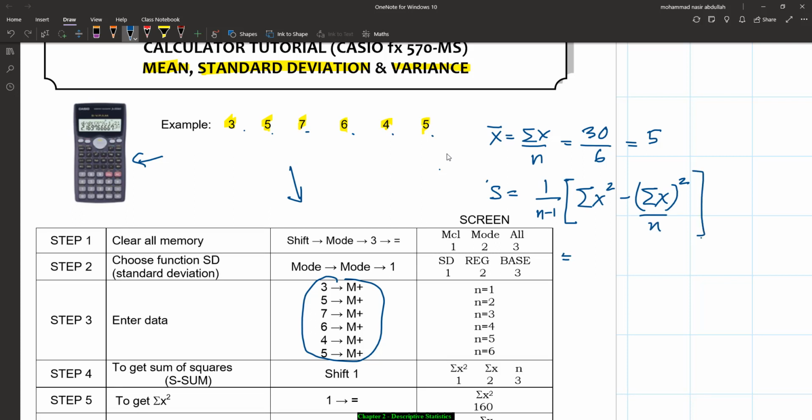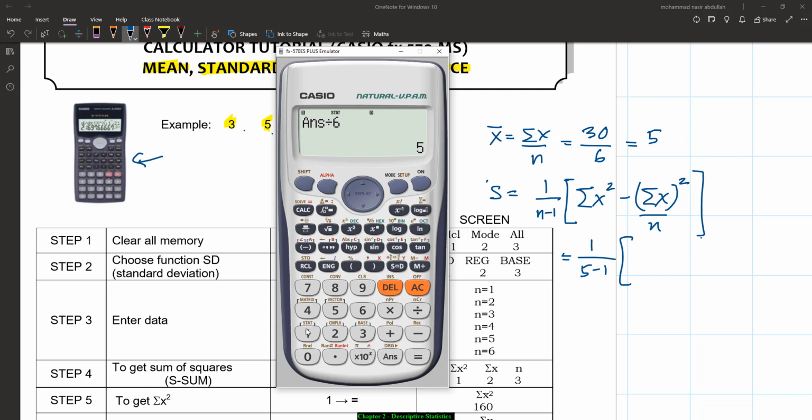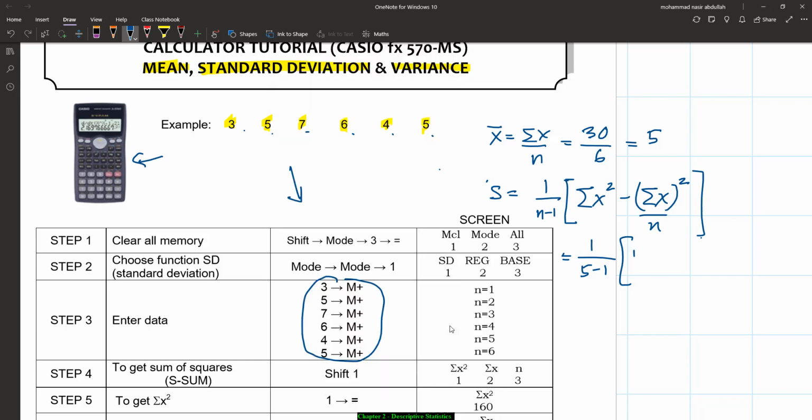So we can input the value into the formula, 5 minus 1 multiply with, earlier we pressed shift 1 sum, number 3 and summation of x square 1. So we get 160 minus summation of x, which is 30 to the power of 2, divided by 5. You input the value into the calculator, you will get the answer.